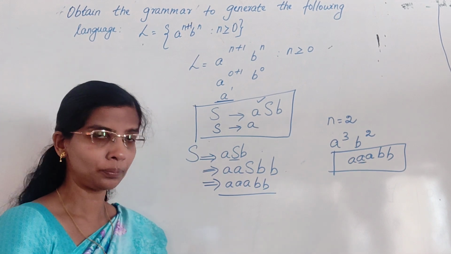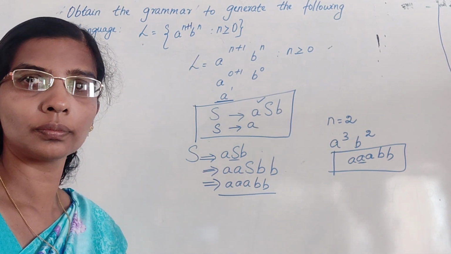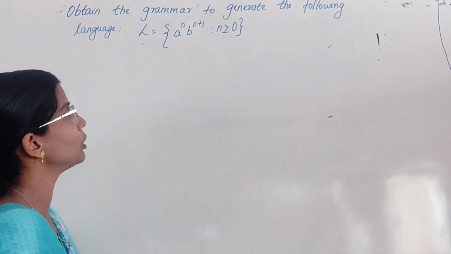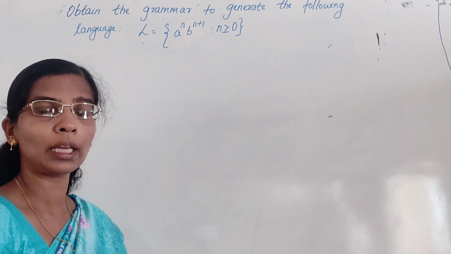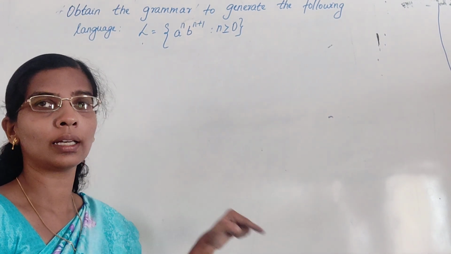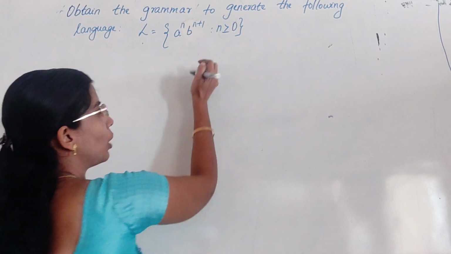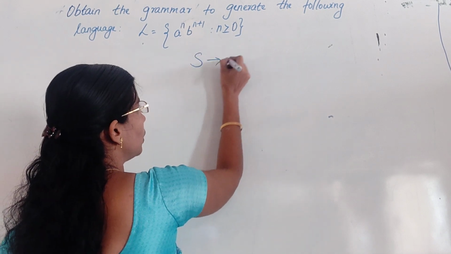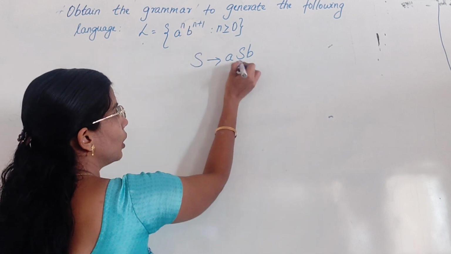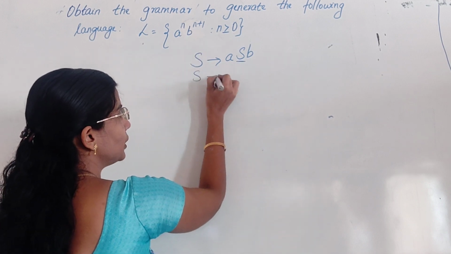We'll see one more sum. Take this sum. L is equal to A^n B^(n+1). There it is one A extra, here it is one B extra. So how to write the production? S tends to A S B. I need one B extra. Now what can I write? How to stop this?